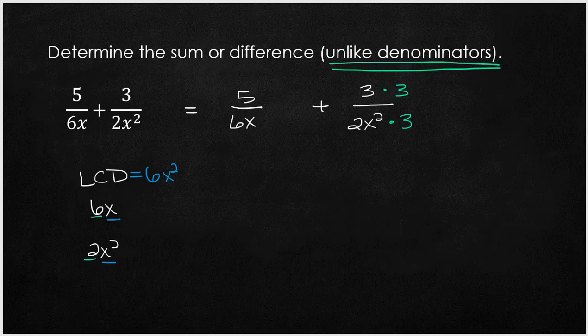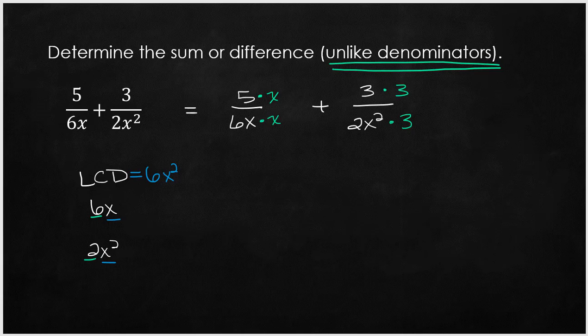So I've got to multiply over here times x, and since I already have x squared in this term, I don't have to multiply by anything.